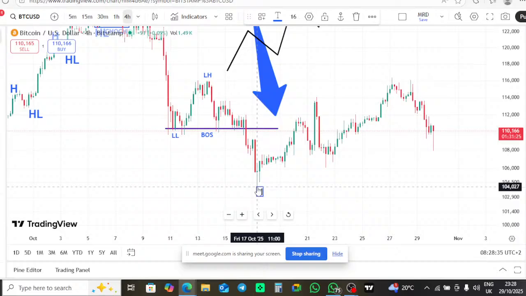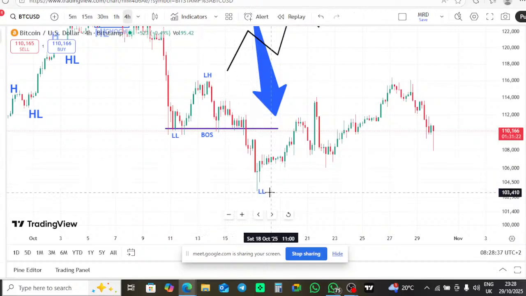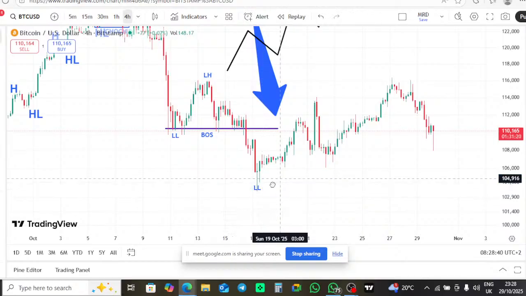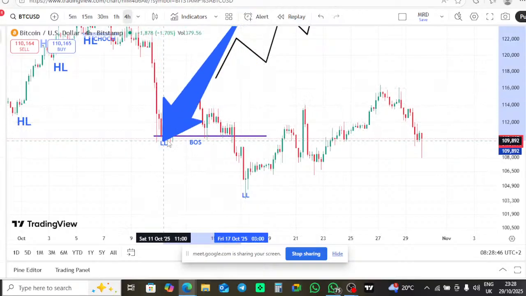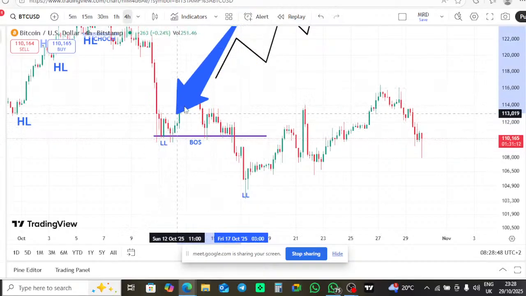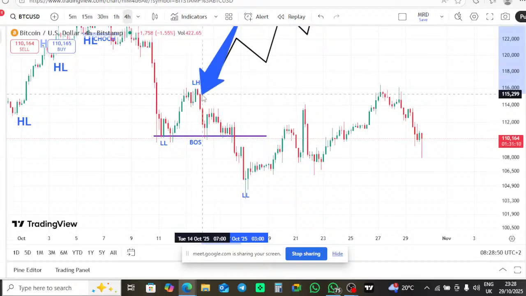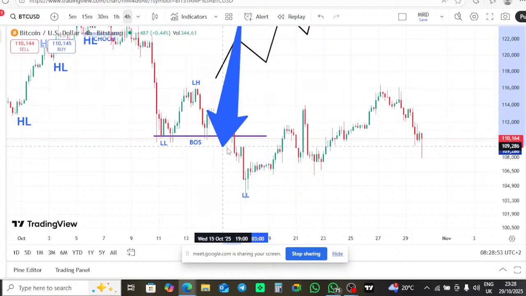If you can follow it well, after forming a lower low and you see the confirmation, you can trade. That's what we call trading the pullbacks. Now here, after the market stabilizes, you can trade. You can look at your 1%, 2%, 3% and trade.